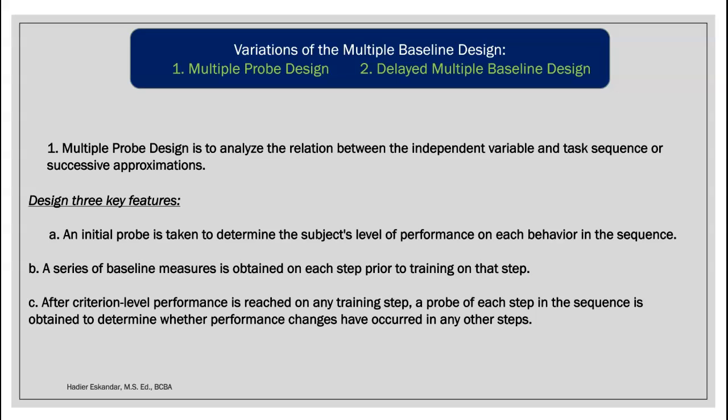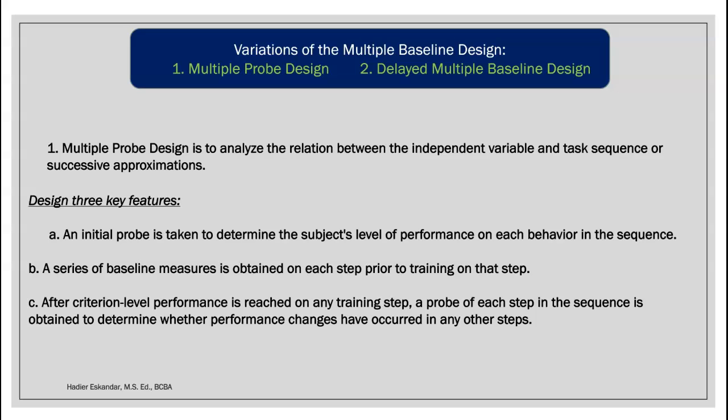And then a series of baseline measures is obtained on each step prior to training on that step. So again, you try to take baseline data on each one of them before you introduce the treatment, just to see where you're starting, basically. What is this student able to do, what are the steps he's able to do independently, and what are the steps he's not able to do at all.